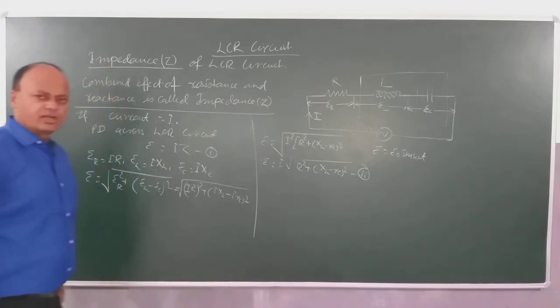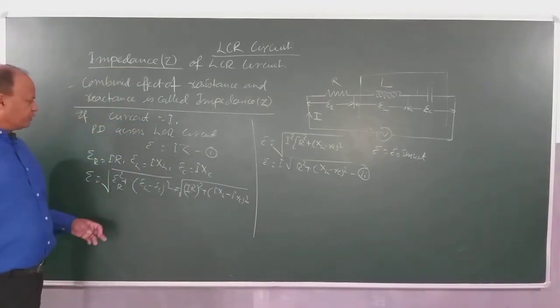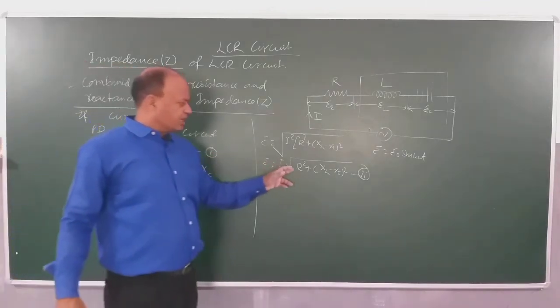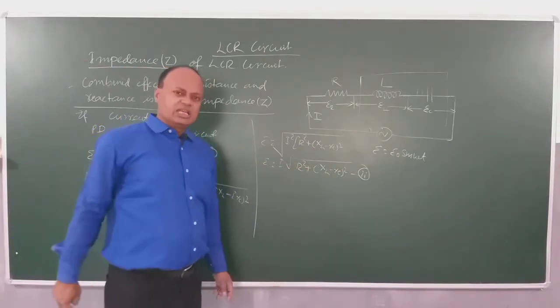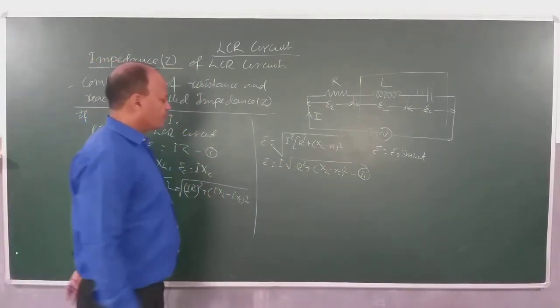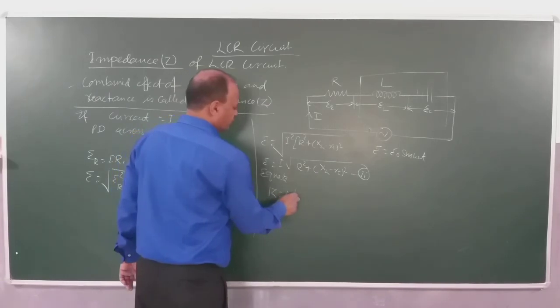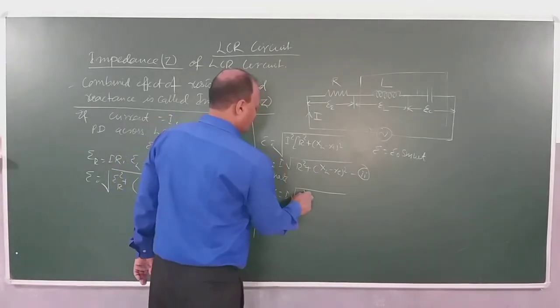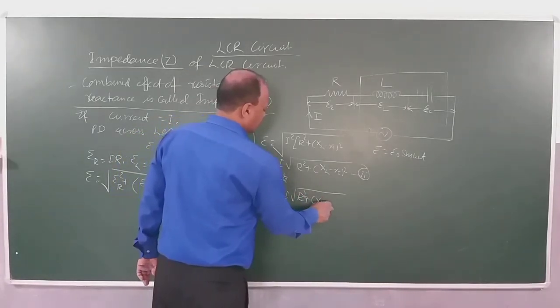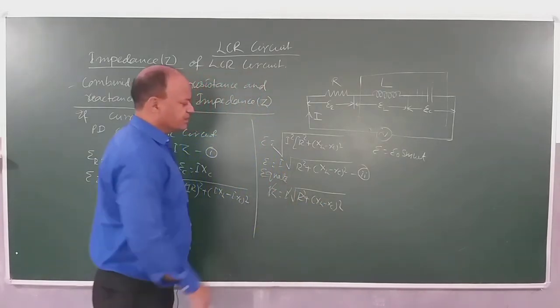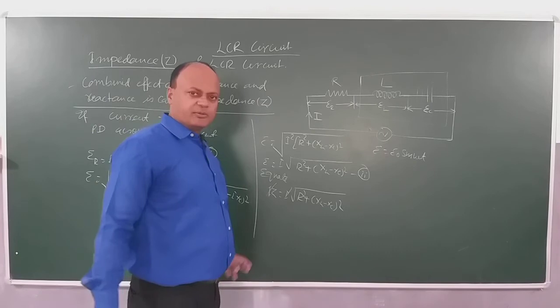So children, we got two values of E. One is I into Z and the other is I root over R square plus XL minus XC whole square. If I equate 1 and 2, we get I into Z equals I root over R square plus XL minus XC whole square. We can cancel out I from both sides.